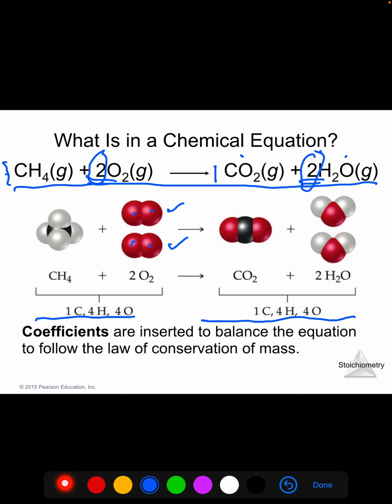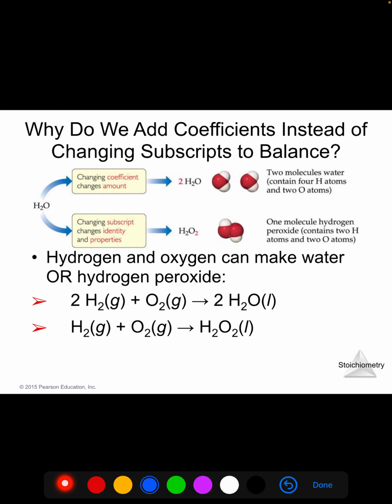So, if you change the subscript, as we practiced in the last chapter, you will change the formula, the substance. So you can change the coefficient to change the amount, but you cannot change the subscript.